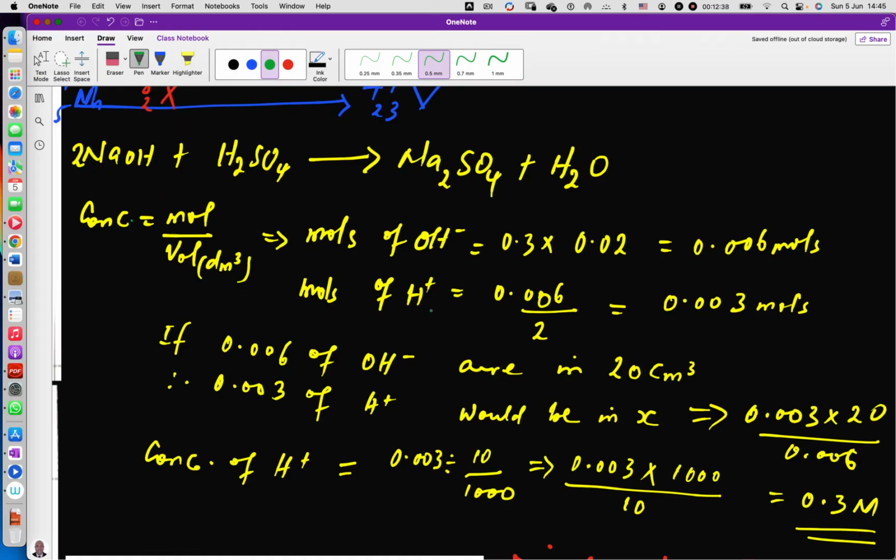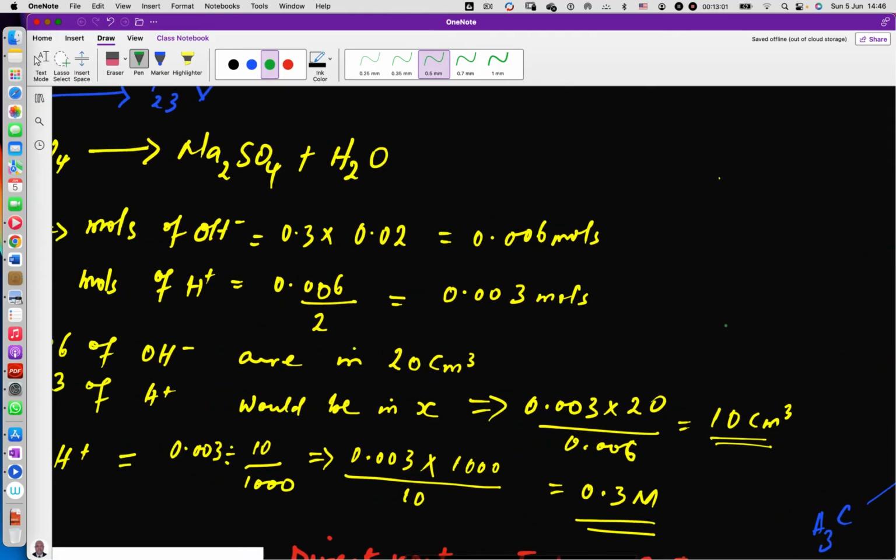So the moles of the acid will be 0.006, the moles of sodium hydroxide, divided by 2, which will give us the moles of the acid.